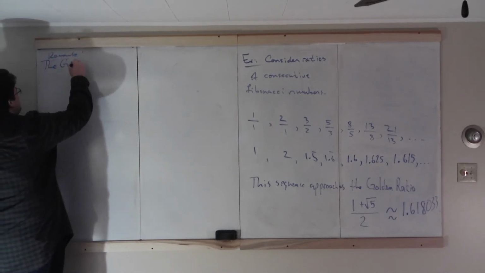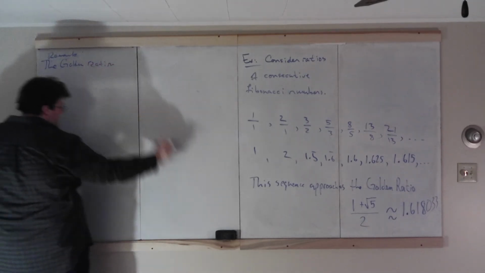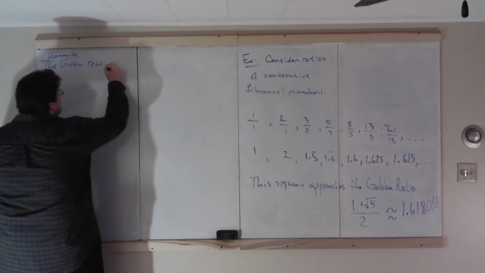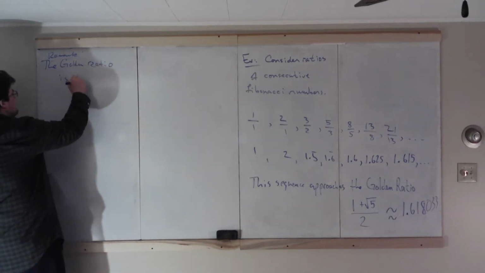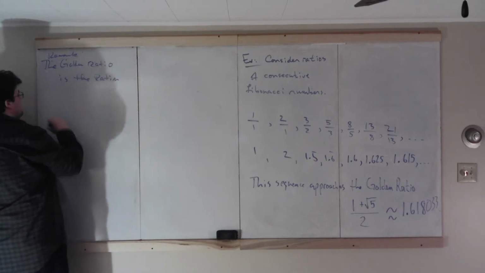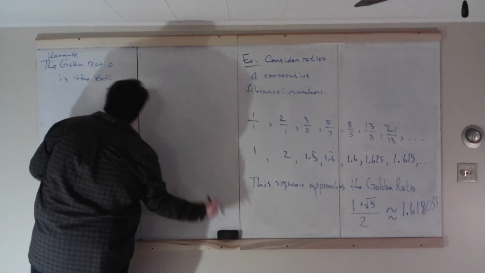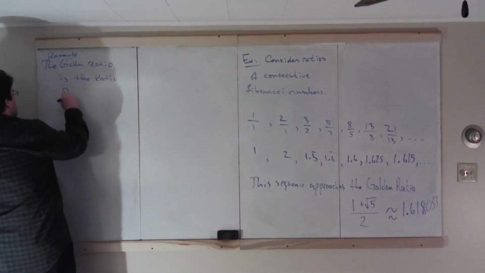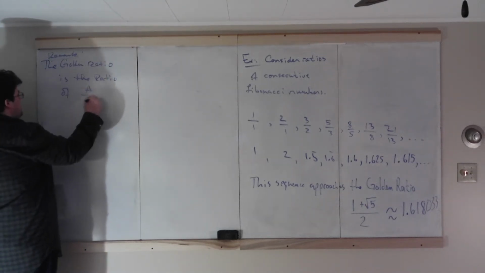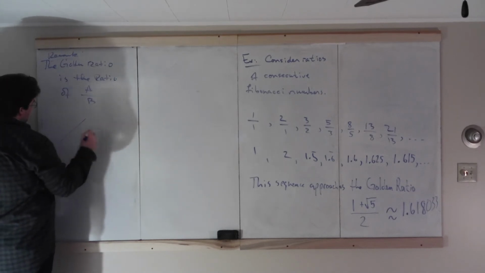The golden ratio, not ration, ratio, is the ratio of what to what? I'm going to call it A to B in this diagram. So it shows up a lot in math.